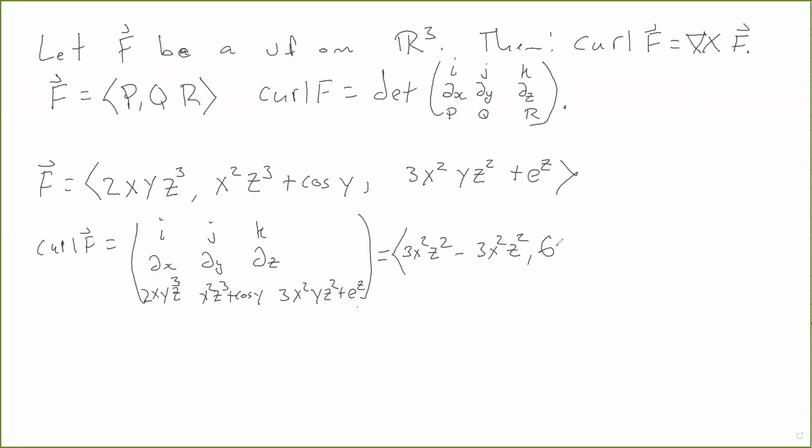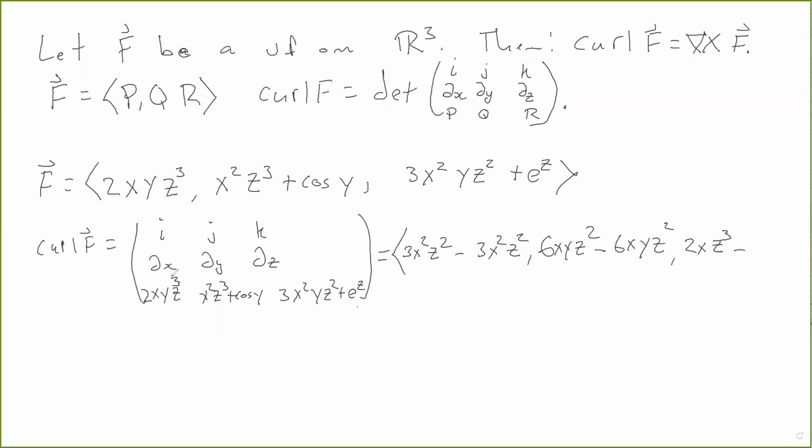That's 6xyz squared minus the partial derivative of this with respect to x. So this is minus 6xyz squared. And finally, the last component is going to be the determinant of this 2 by 2 matrix. The derivative of this with respect to x is 2xz cubed.